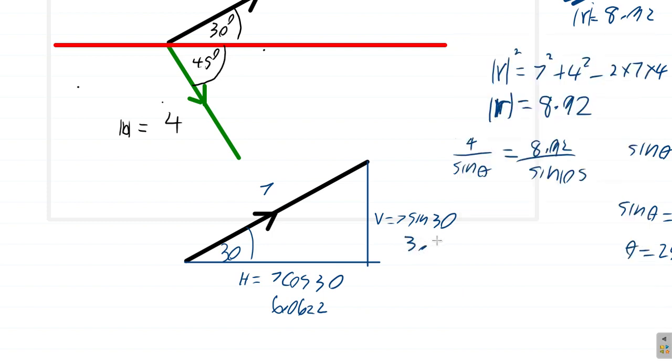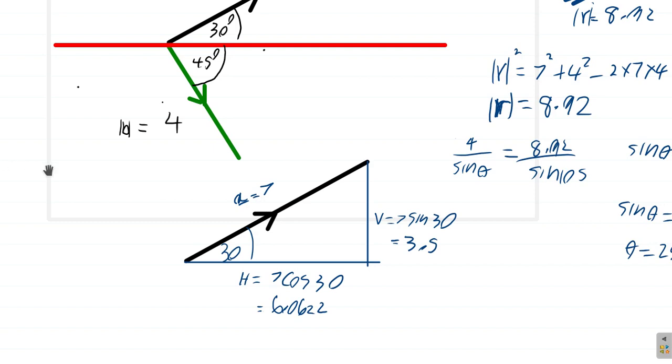So you have 3.5. All right, so that is the vector A.